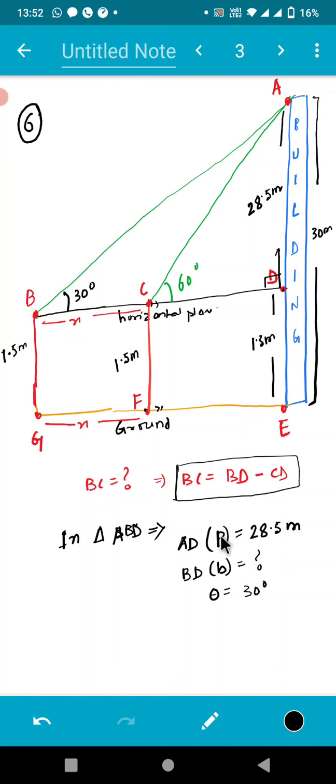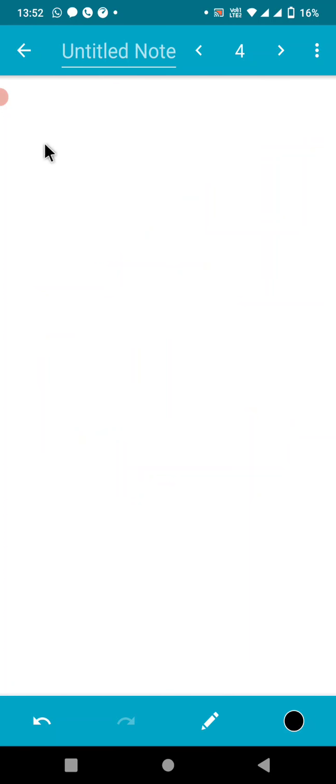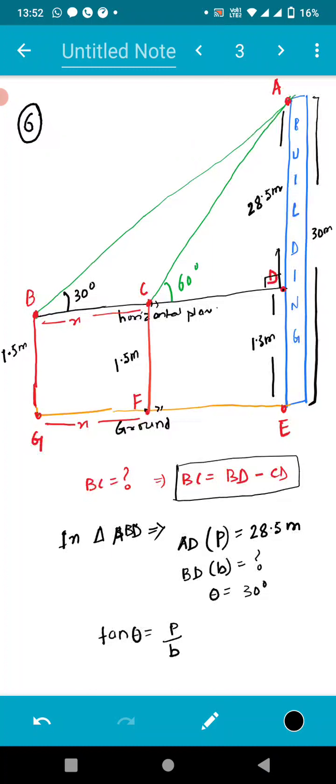Now you see we are dealing with P and B. So we have to use tan theta, isn't it? So tan theta is equals to P by B. So let's go to the next page. So tan, what is the value of theta? 30 degree. What is P? P is 28.5. And what is base? Base is BD.